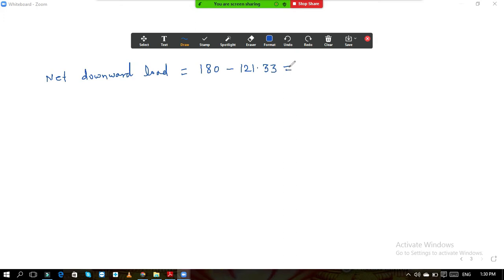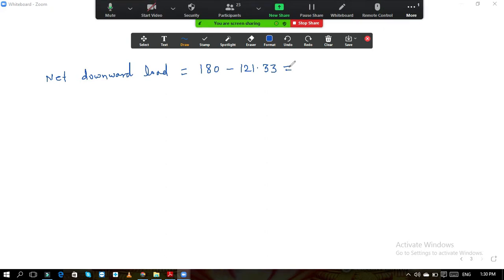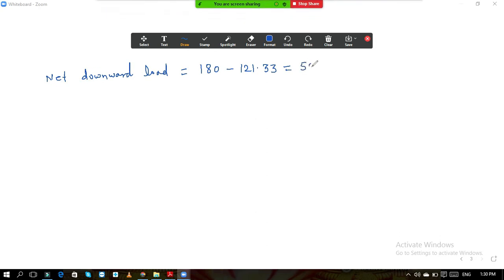So what is the net load now? 180 minus 121.33 works out to be 58.67 kilonewton. So this is your net downward load. Now we will calculate the moment.